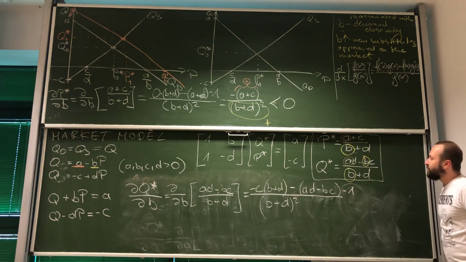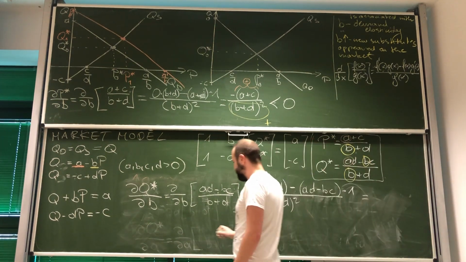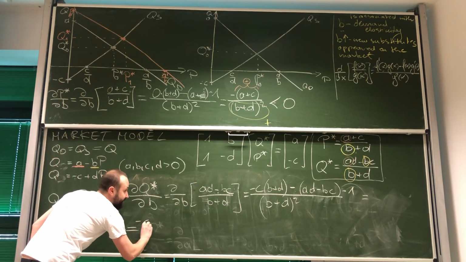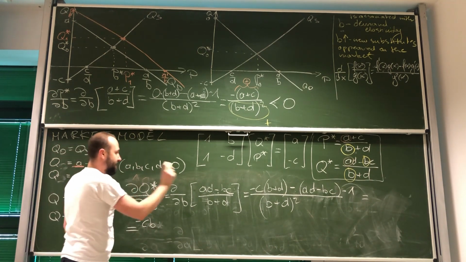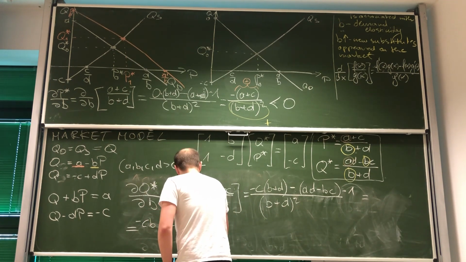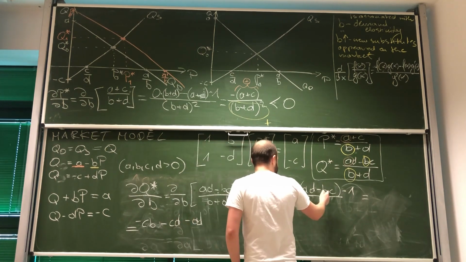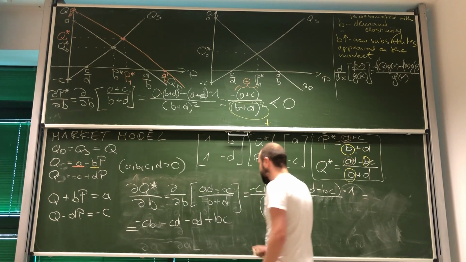Right? Okay, now we will have to work a little bit more to get this done. So we've got that this is negative C times B plus D, which gives negative CB minus CD, minus AD, I'm sorry, and plus BC, right?